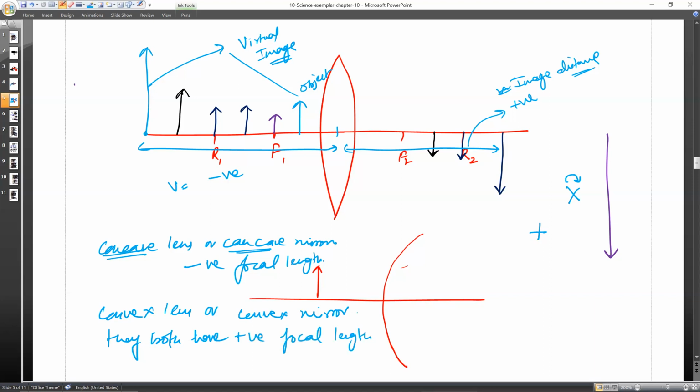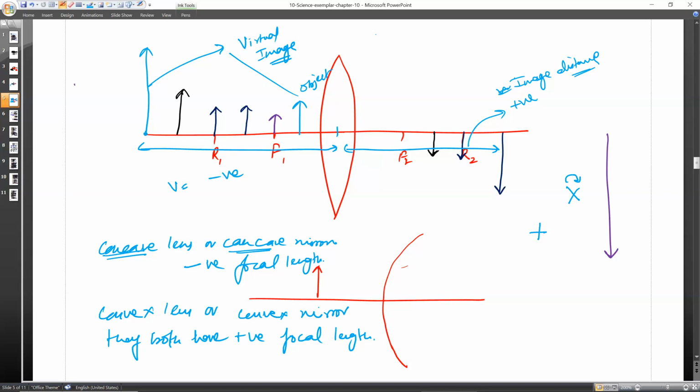This is valid for both, whether it is mirror or lens. We are going to have the same sign for a concave mirror or lens. Okay. Got it? Yes, tell me, sir.